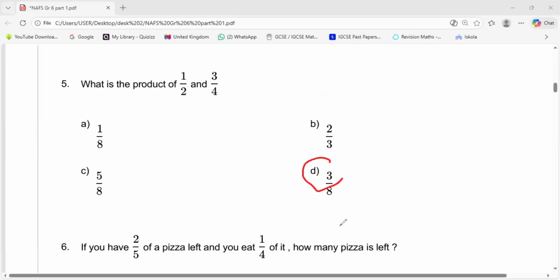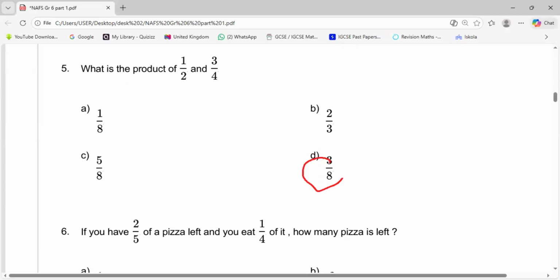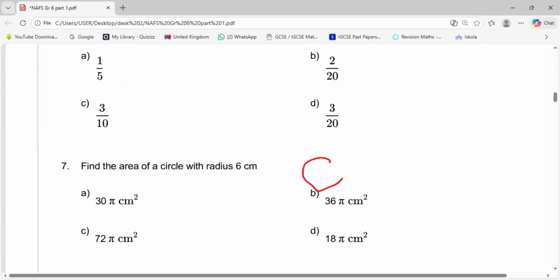The next one. If you have 2 over 5 of a pizza left and you eat 1 over 4 of it, here is how to solve it. Let's try to explain in a good way.